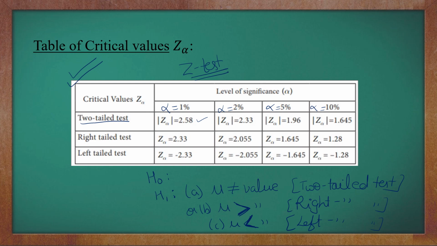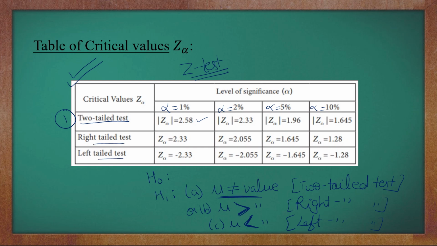Otherwise, in your college or university, they will provide you the table as well. Just remember how to check the values. That is the important thing. For the two-tailed test, these are the values for different levels of significance, and likewise for the right tail and the left tail.